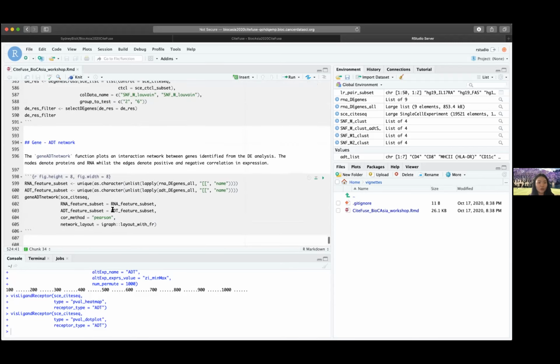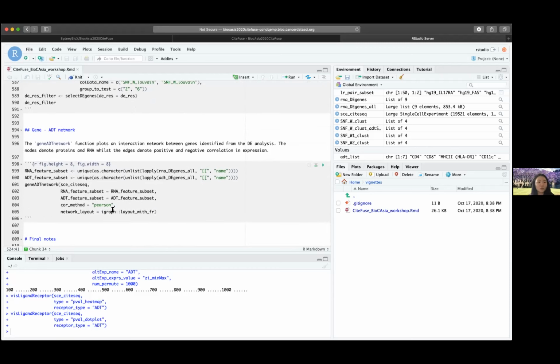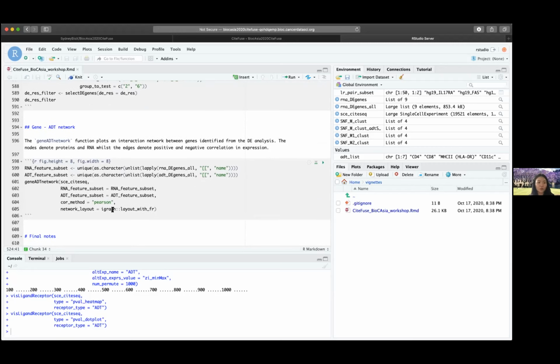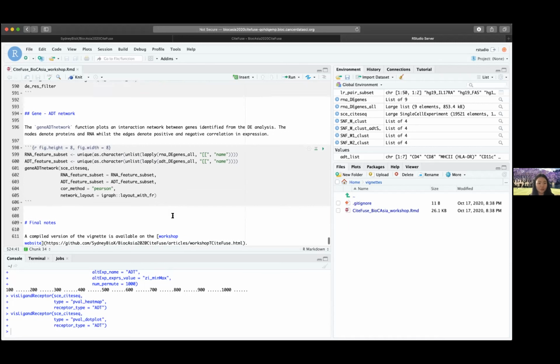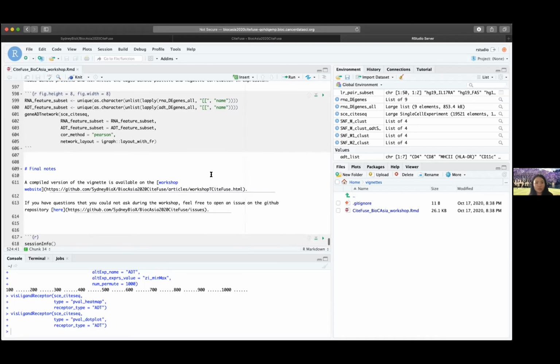We also have a gene ADT network. It is a correlation network that shows the correlation between gene expression and protein expression, and then it builds a network. Any questions about the package?